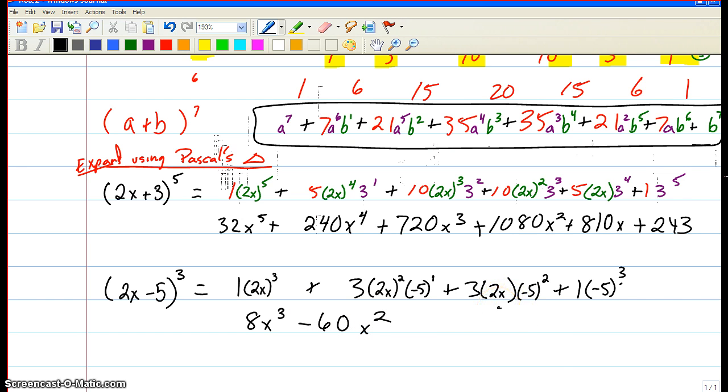Then you get 3 times 2 times negative 5 to the 2nd power. Which is going to be positive 150 x, and then negative 5 to the 3rd power, which is going to be minus 125.